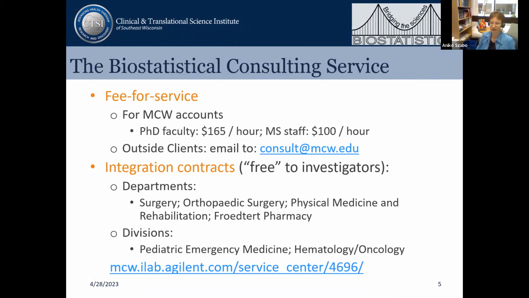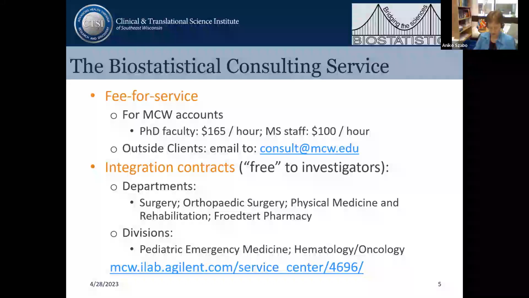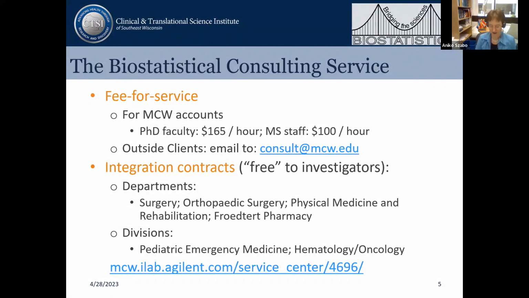The benefit there is that these are free to the investigator and funded more centrally. I listed some of the departments and divisions who work with us, and if you are from there, I hope you know about this. But we are happy to help everybody else, except then we will have to charge for it. Applications can go through email for help, but in general, we will ask you to submit through iLab. And if you're at MCW, hopefully you already know how to do that.